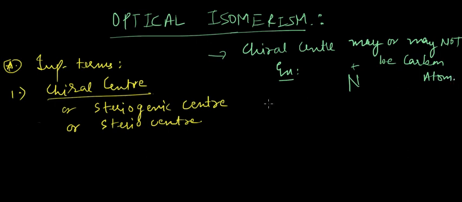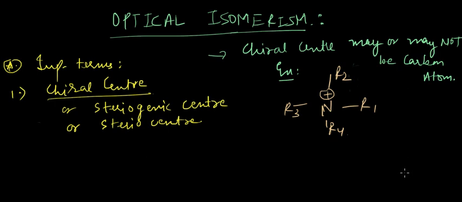Let's discuss an example. We have nitrogen as our chiral center here, and we have four groups attached to nitrogen, namely R1, R2, R3, R4. This is the general formula for representing any chiral center.